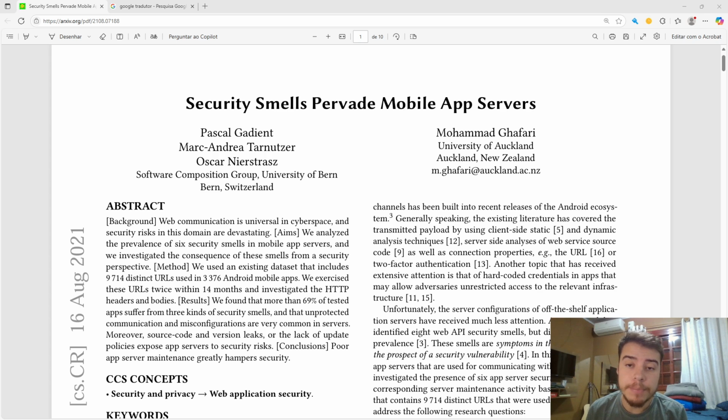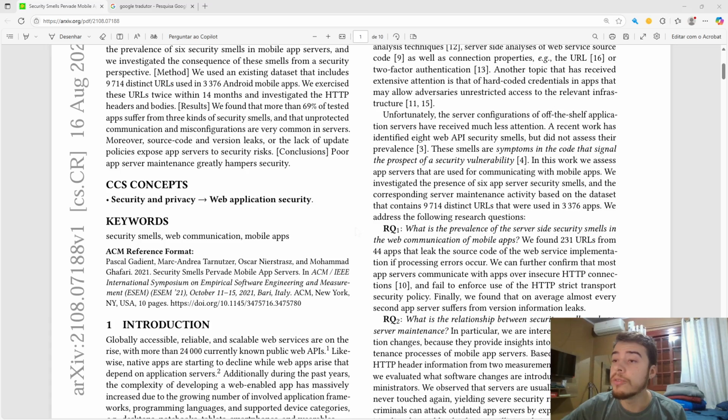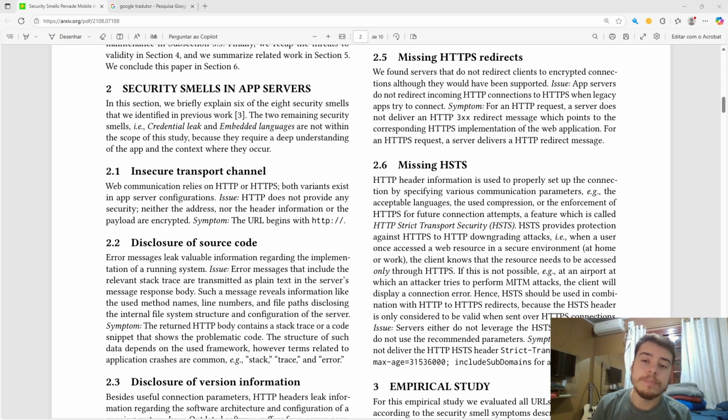So in this paper the focus of the research was also Google Play applications. For this study they used 3,376 apps.